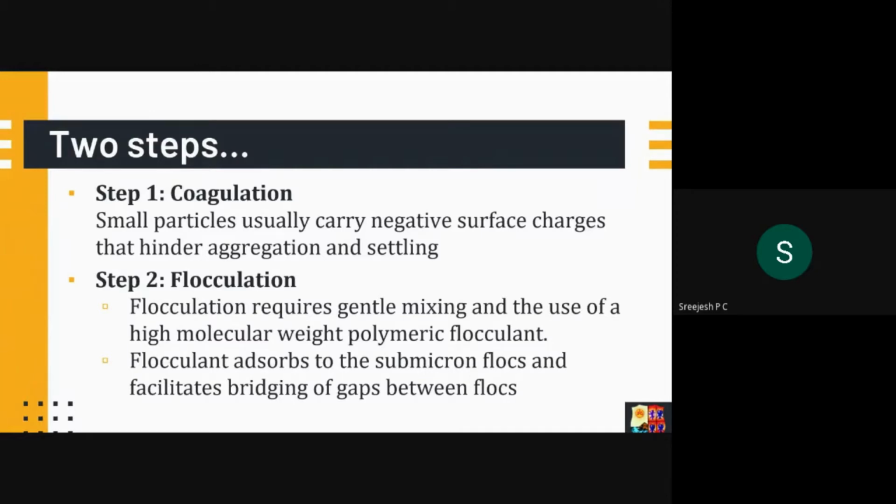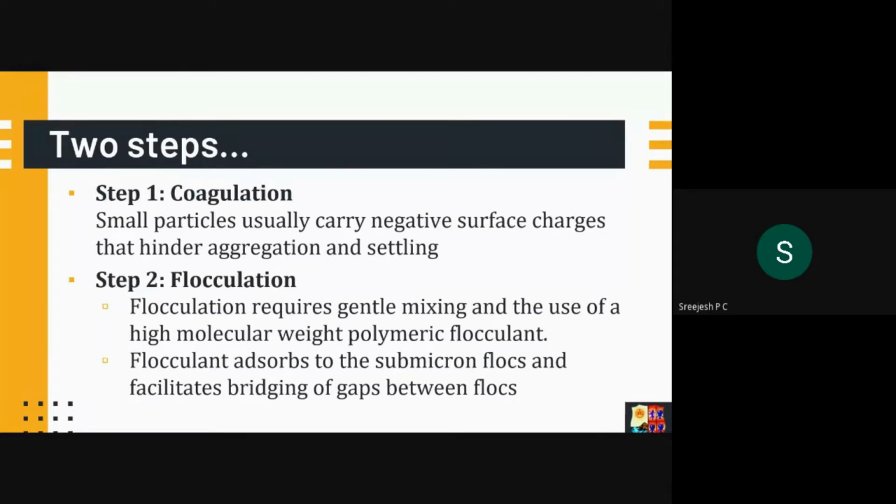So coagulation is a chemical process which neutralizes the charges and makes the particles, be it cells or solid particles, aggregate together and causes their settling. That process we call coagulation.